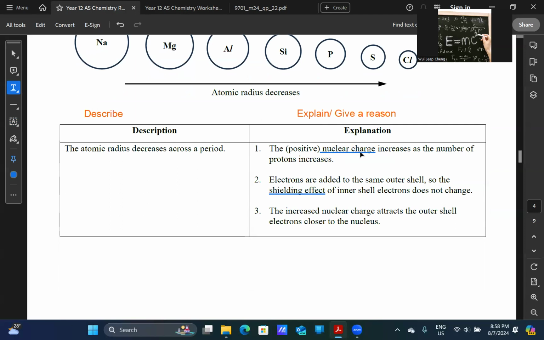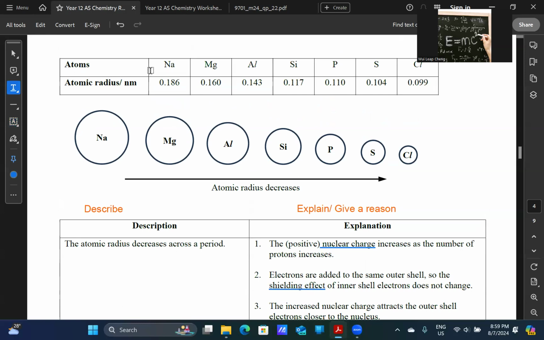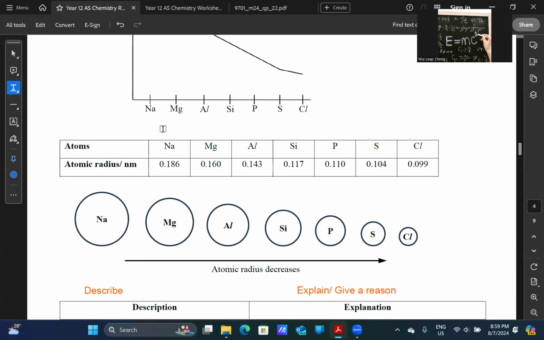Nuclear charge actually depends on the number of protons. As you can see from the table above, sodium contains 11 protons. Okay? Chlorine consists of 17 protons. So across the period, you will see that the number of protons increases.